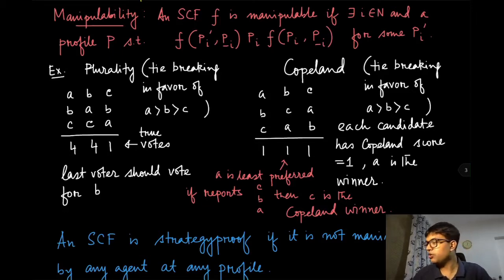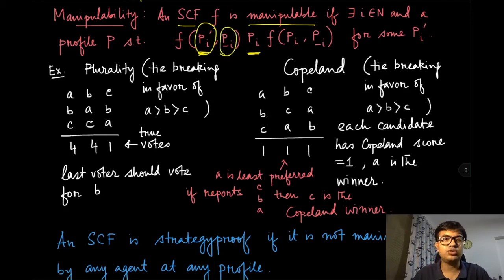So we are going to call a social choice function f to be manipulable if there exists a player i and a preference profile P such that for that player i, if that player is misreporting its preference to be Pi prime, and other players are actually choosing their corresponding P minus i, then it is better for that agent.